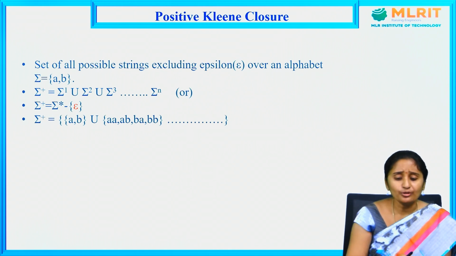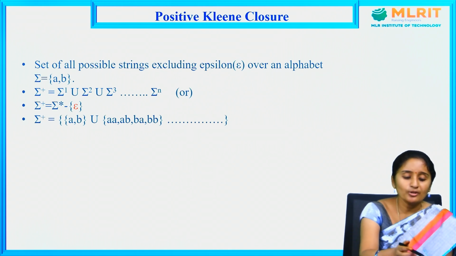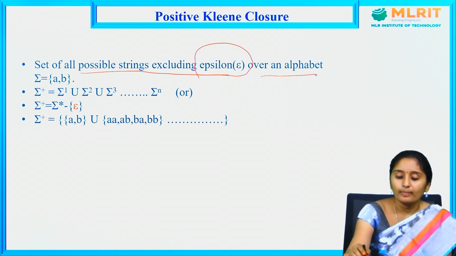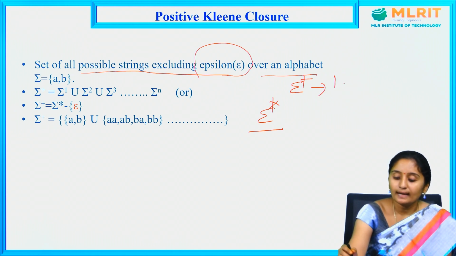Next, positive closure. Positive closure is the set of all strings excluding epsilon over an alphabet. In Kleene closure, we discussed that epsilon is included. But in positive closure, epsilon is excluded. Here it is one or more occurrences, whereas in Kleene closure it is 0 or more occurrences.